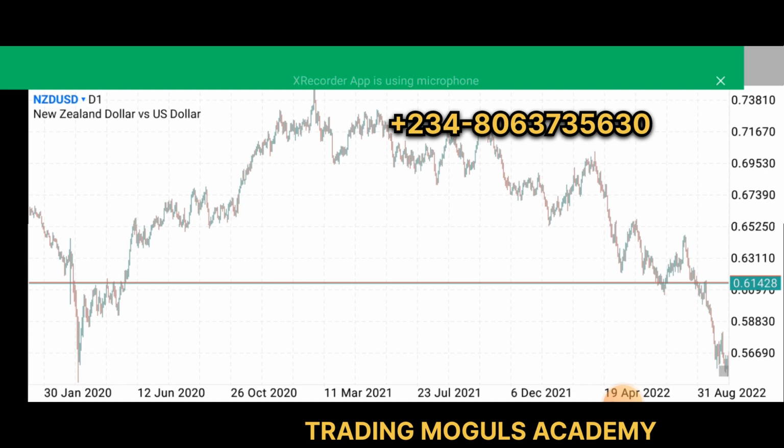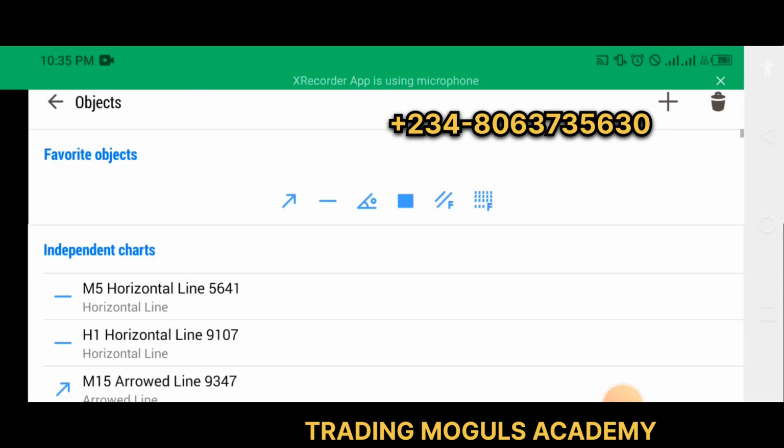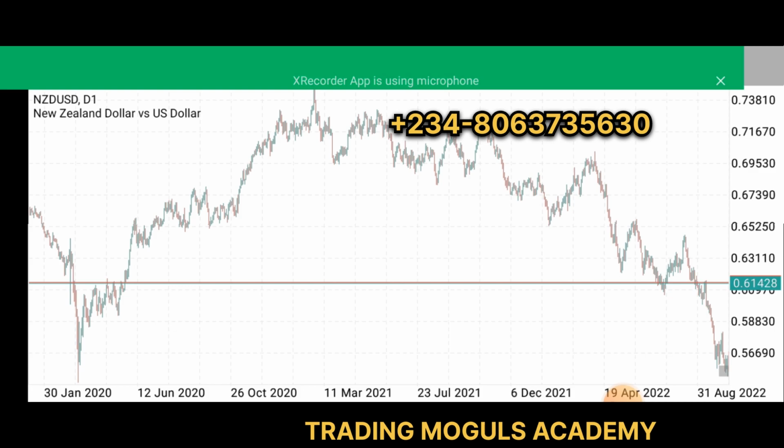Now, when you're able to identify the market structure, looking at this New Zealand dollar versus the US dollar, you can clearly see that at this point the market is actually bearish.